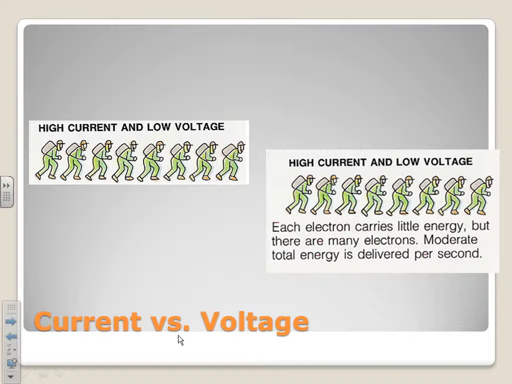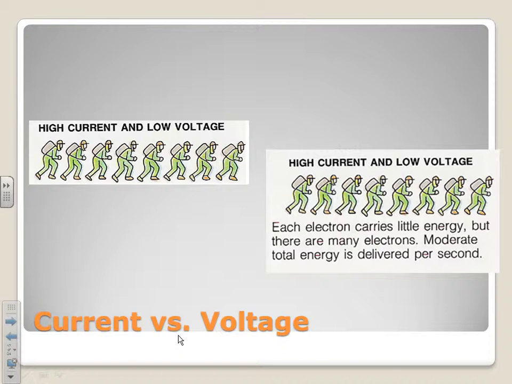The fact that all 3 of these batteries have the same voltage, what is that telling you about them? That as electrons pass through these batteries, they are gaining the same amount of energy. Okay, that's the voltage. What's different about them? Some have more electrons than the others.